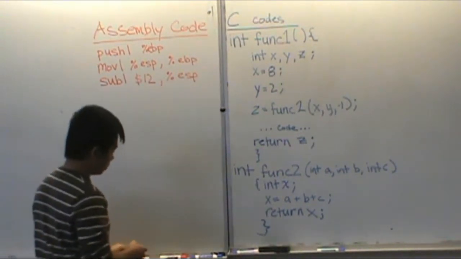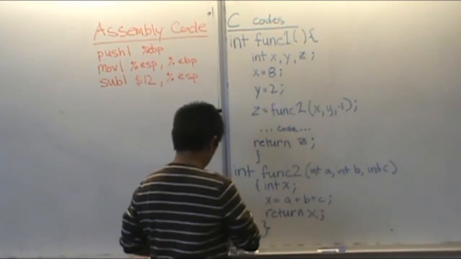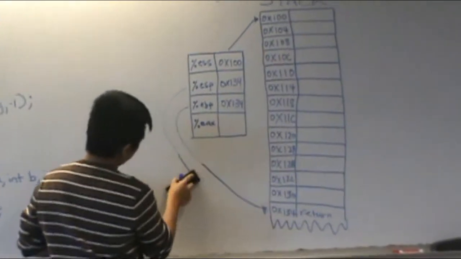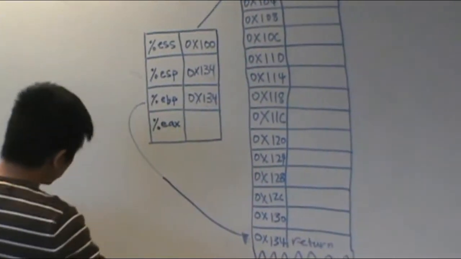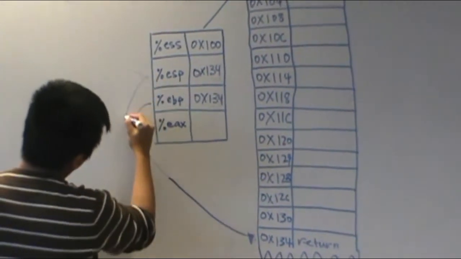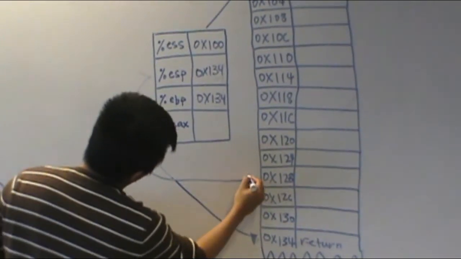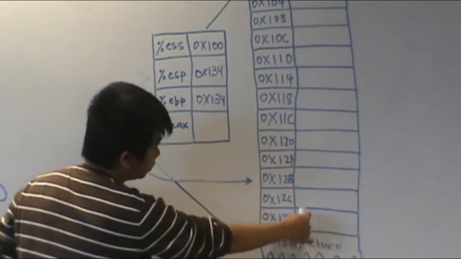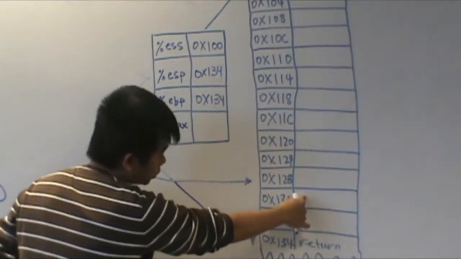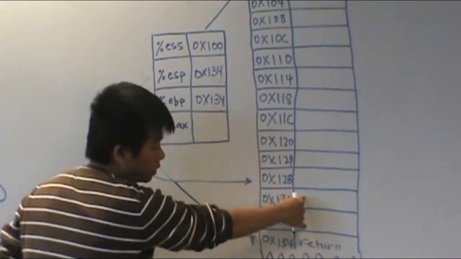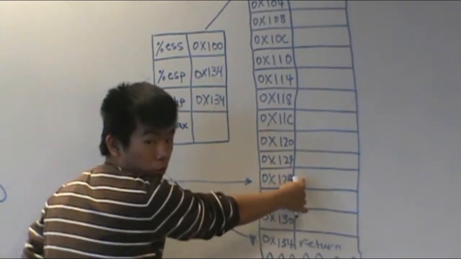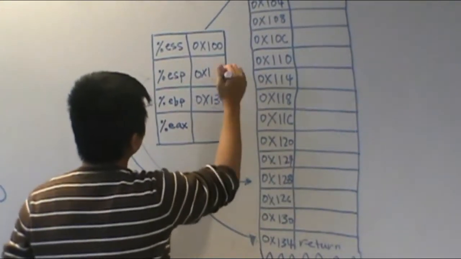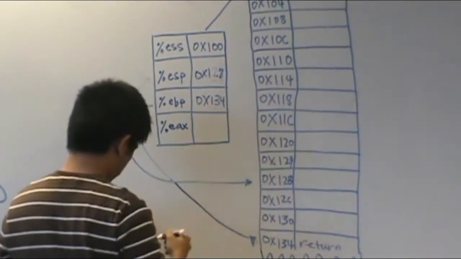This will make the ESP pointer move up to 128, because that's 1 for the x value, the second one is for the y variable, and the third is for the z variable. So 134 becomes 128.